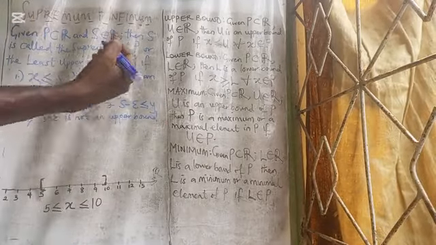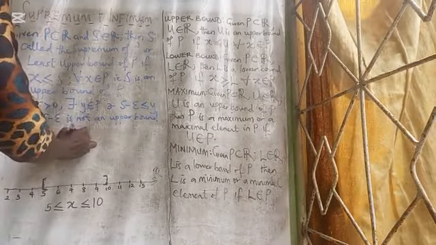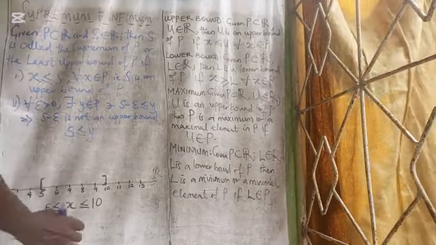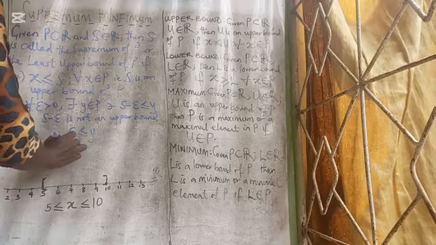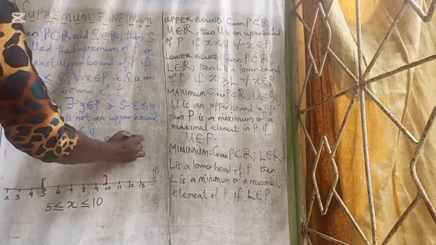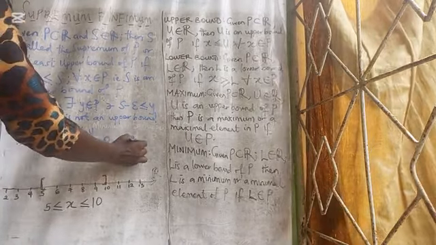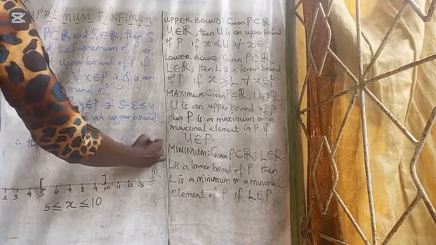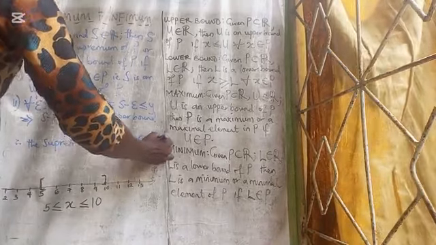And so, assuming our epsilon is 0, then it means that our S is less than or equal to Y. Therefore, the supremum of P, which we write as sup P, is equal to S.